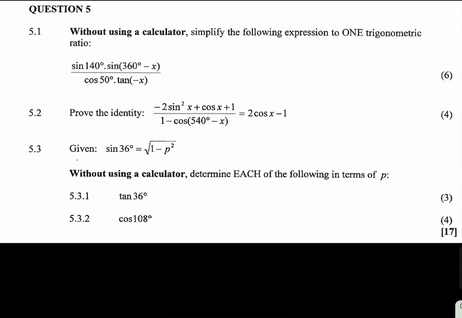It's not the only part of trigonometry. This is some parts of it where you simplify, you prove, and you also evaluate without the use of a calculator. They normally give it 17 marks, 18 marks, or 20 marks. Now, you go to question 6.